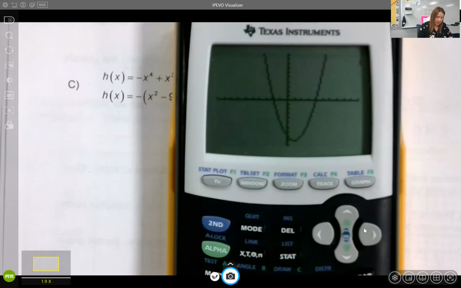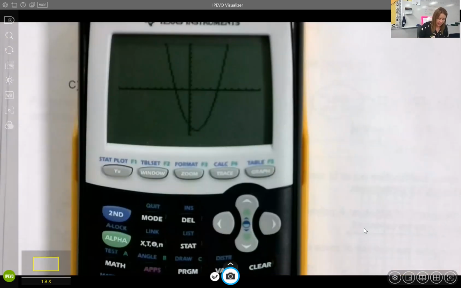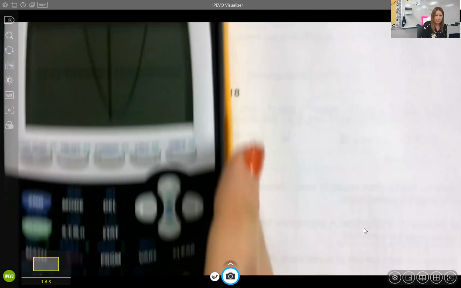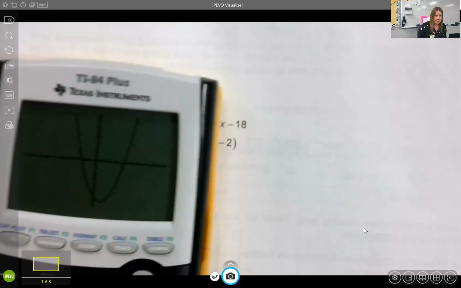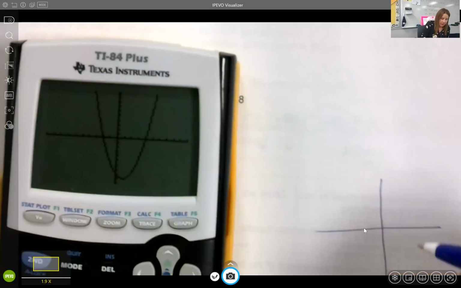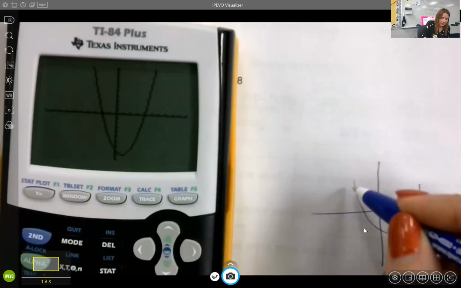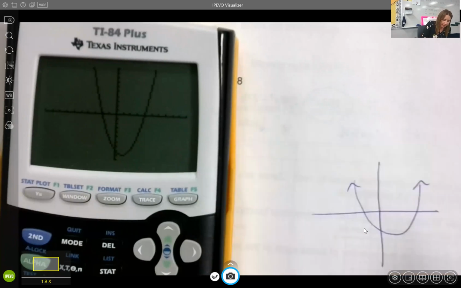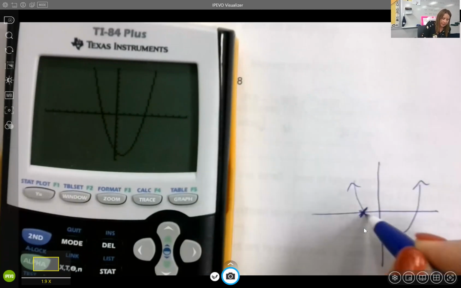Okay, so what I want you to notice is that we have two intercepts here. Looking at this graph, I'm going to be looking for this x-intercept right here.